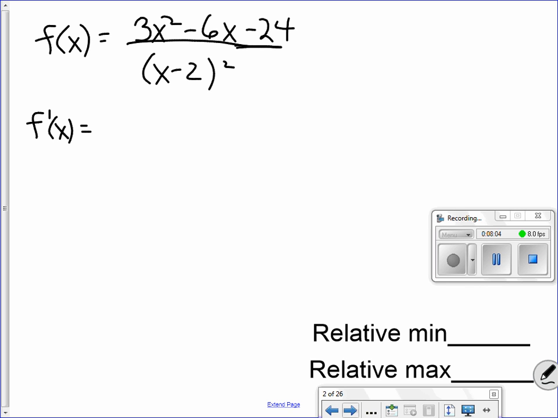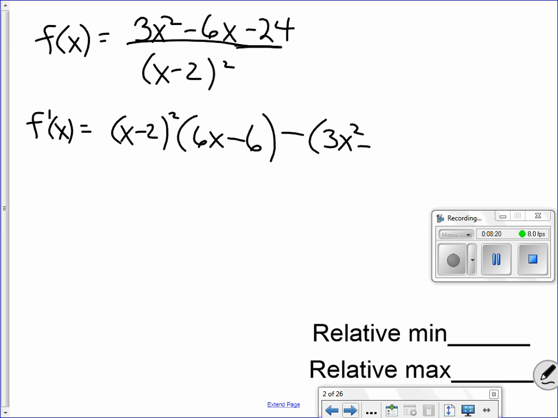Low D high. So low is no problem, right? x minus 2 squared. What should I write for D high? Minus 6. Good. Less high. Well, we got that whole 3x squared minus 6x minus 24. What about for D low?